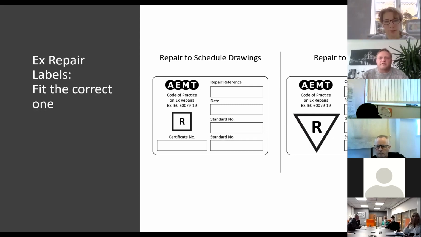For everybody else listening, Jeff is one of the people who used to receive paperwork from me when I worked for an IECEx repair facility, and he was one of the very few engineers that did everything correctly. He would not fit any equipment until he got the correct paperwork in place, which is the correct procedures.